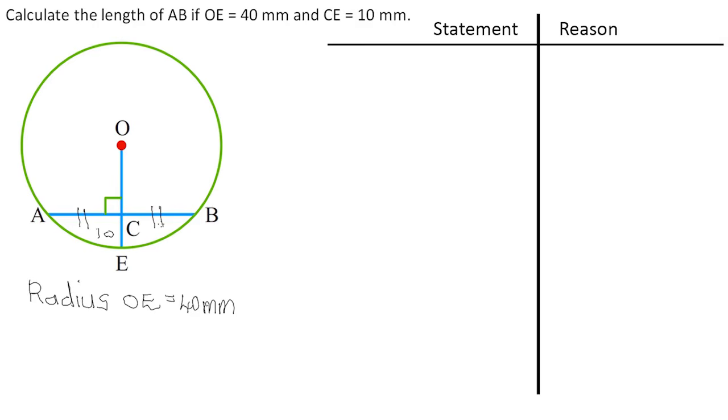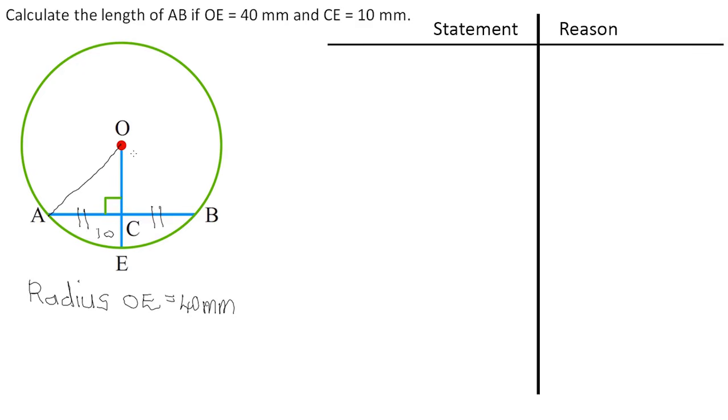But we cannot go any further with this calculation unless we do some form of a construction. The construction that I will do is I'm going to join point A and point O. In other words, now my focus will then be on triangle AOC, which is a right-angled triangle.